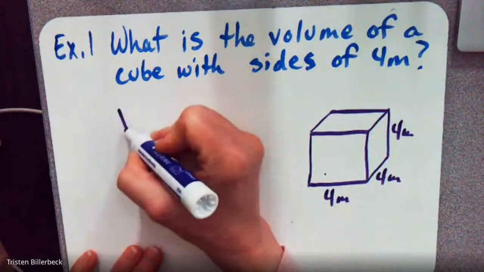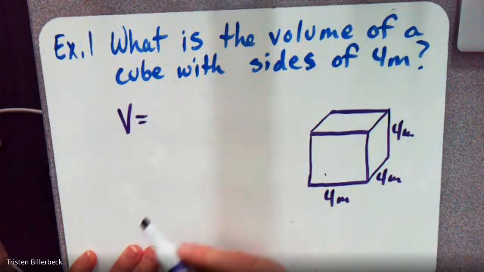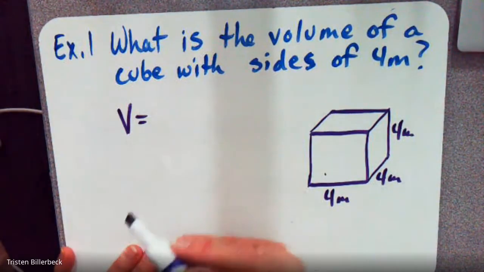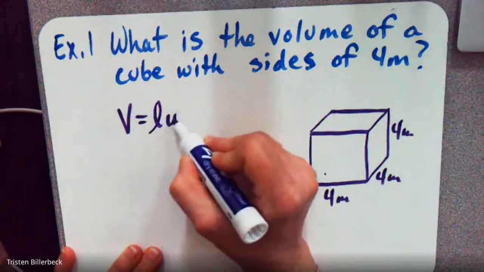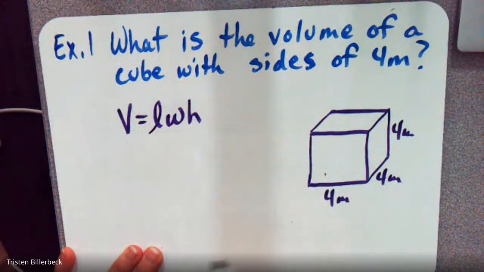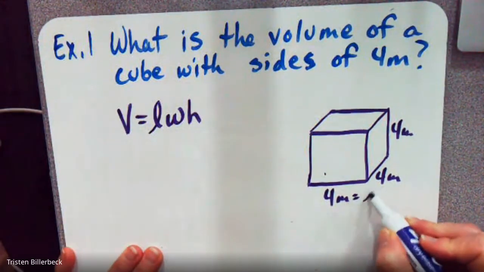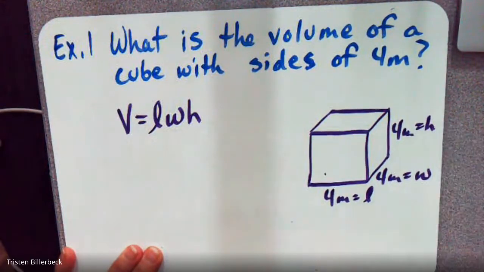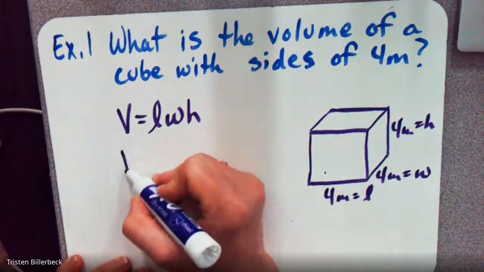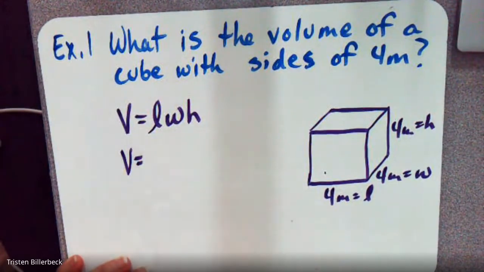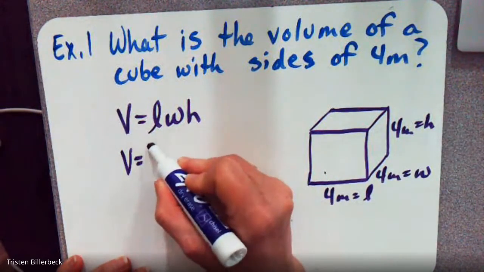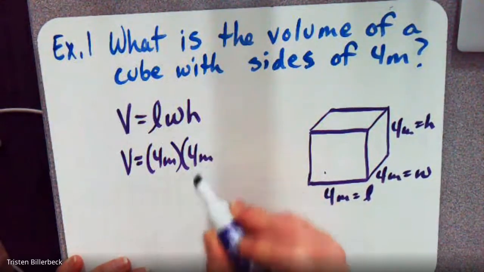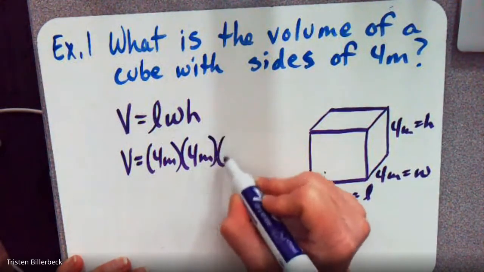So the volume of a rectangular prism or a cuboid or a cube is length times width times height. So on this one, we have the length here, the width here, and the height is here. So the volume then is, we have meters, so it's 4 meters times 4 meters times 4 meters.